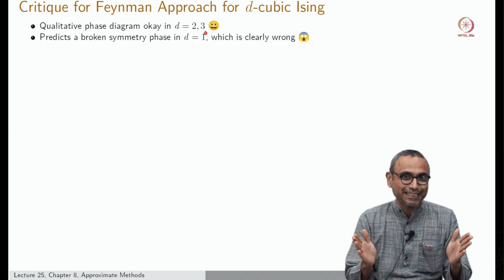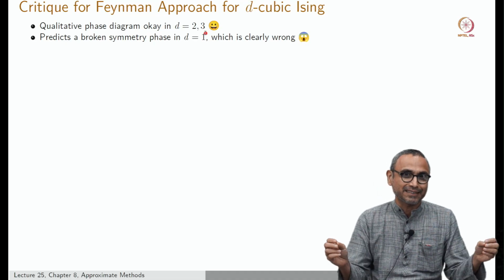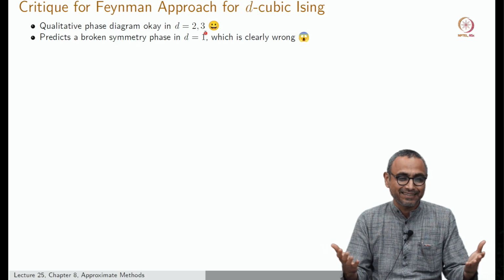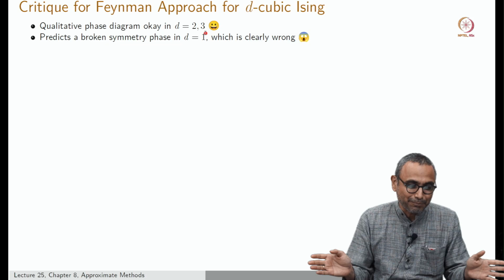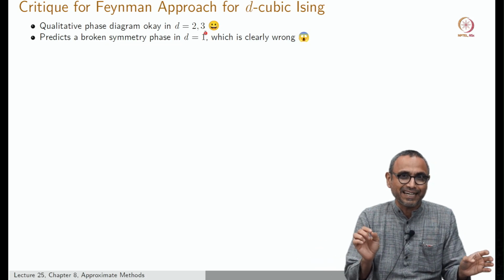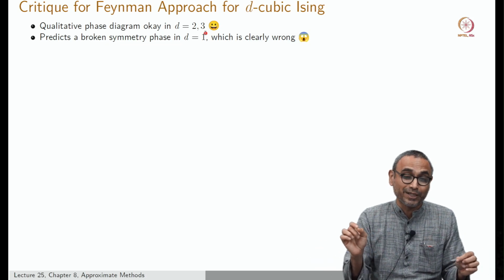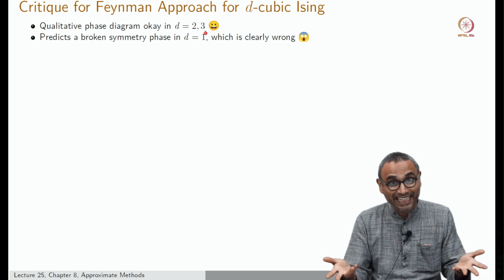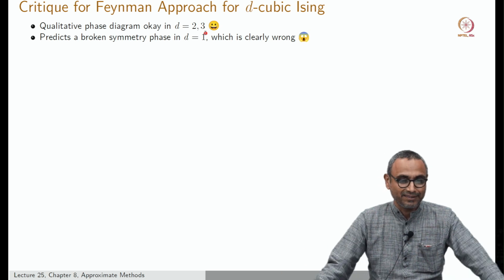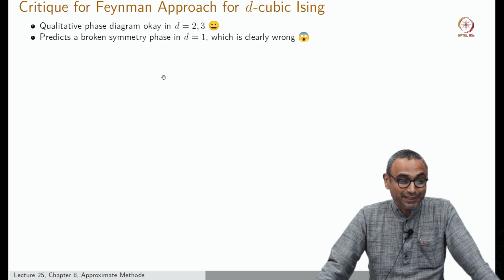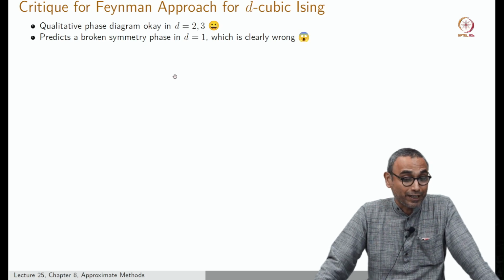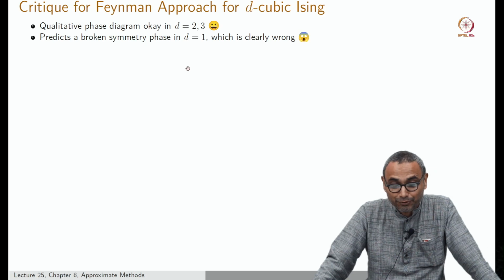We have solved the one-dimensional classical Ising model exactly, and we know that there is no magnetized phase at any finite temperature. So there cannot be a phase transition at d equal to 1. Certainly not. So something goes terribly wrong with this Feynman variational approach in d equal to 1. In fact, it doesn't get the qualitative physics right.